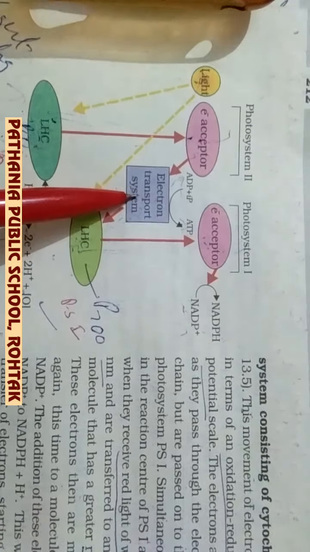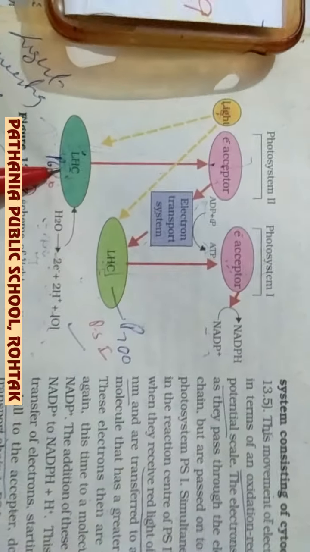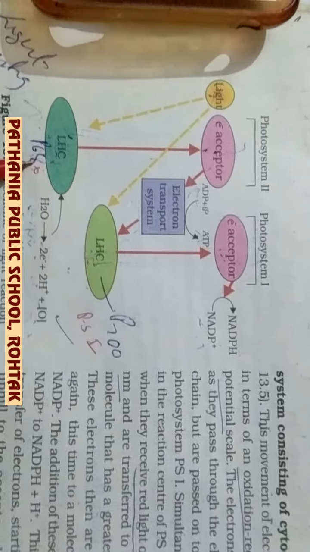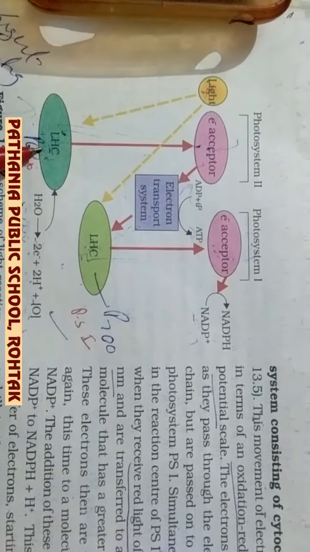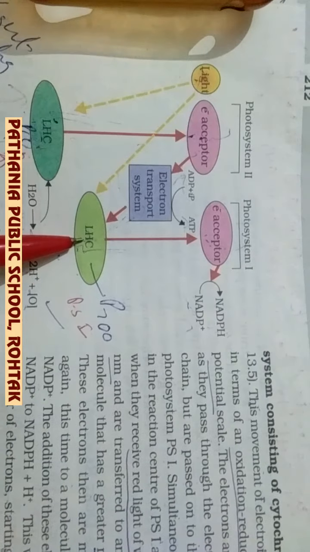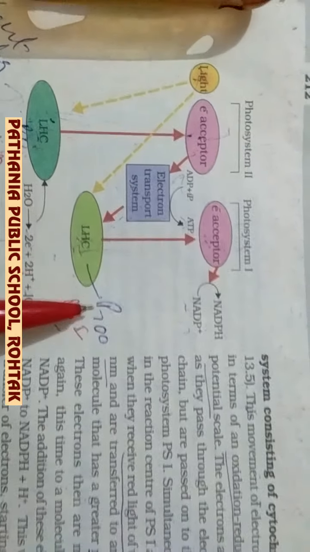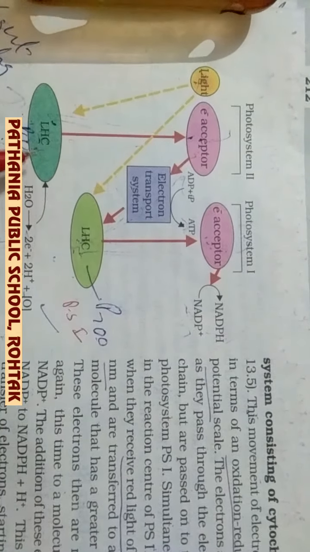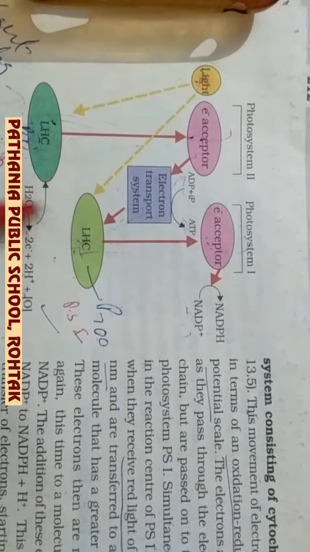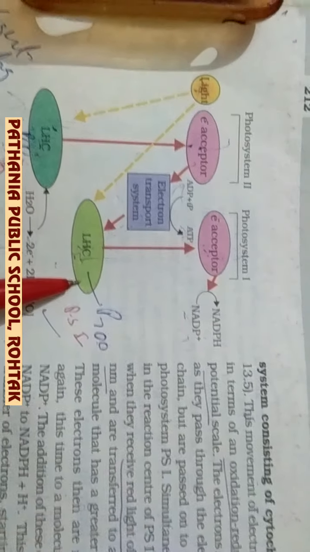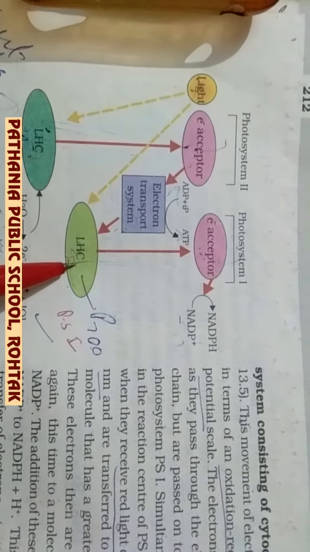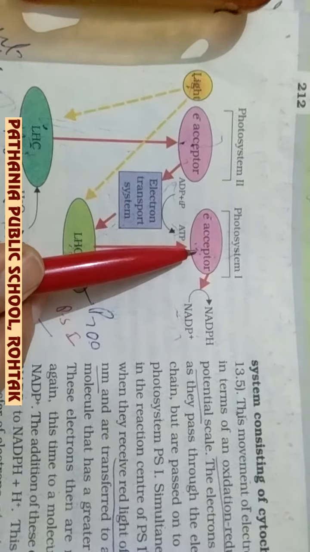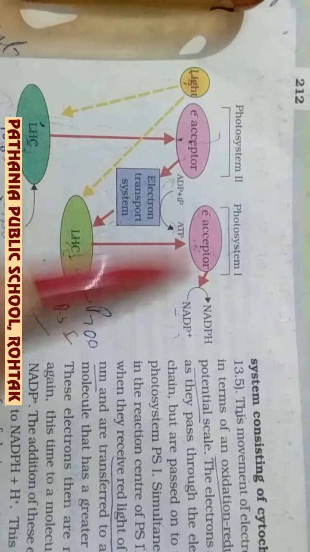But this electron which is emitted by pigment system 680, or pigment system 2, will not come back to itself; rather it goes to pigment system 1, that is P700. That means in non-cyclic photophosphorylation both the pigment systems, P680 and P700, are associated. So P700 will also get excited, and it will again emit the electron, and that electron again moves downhill.